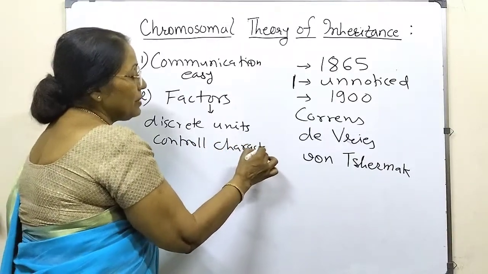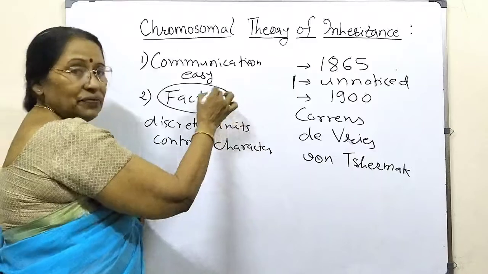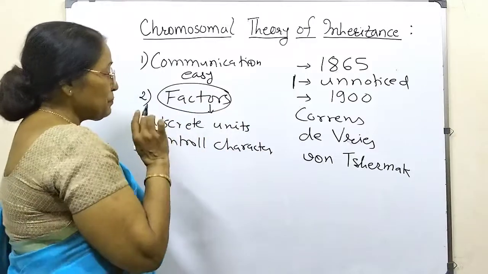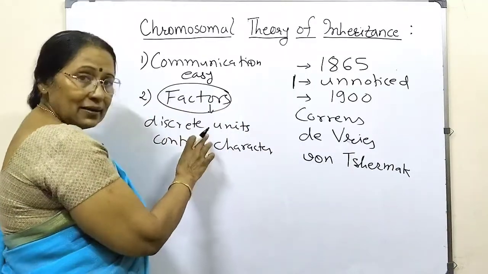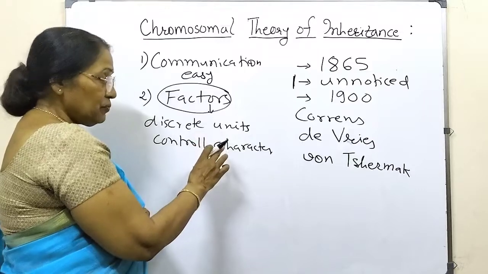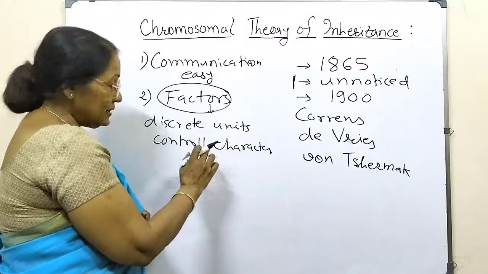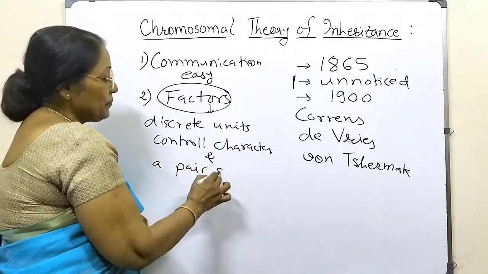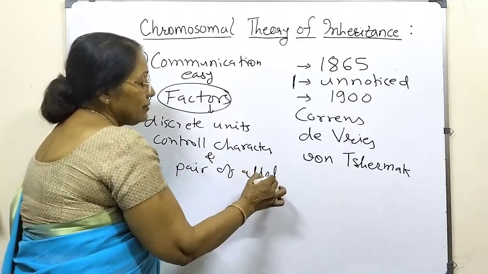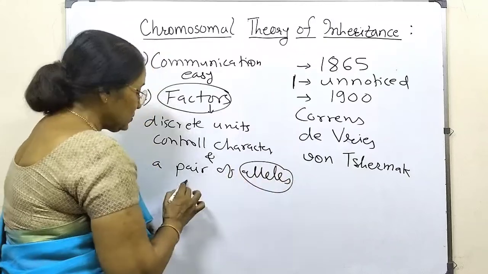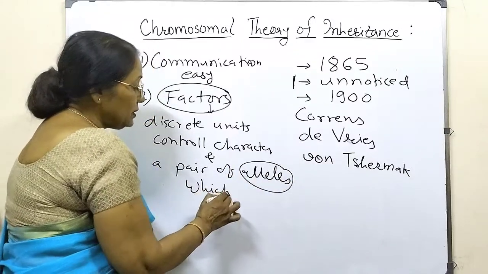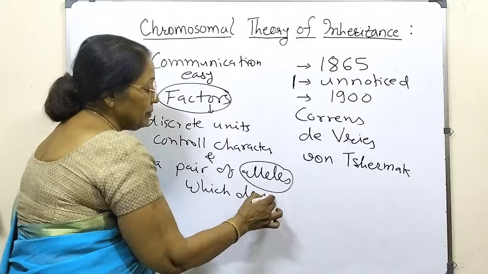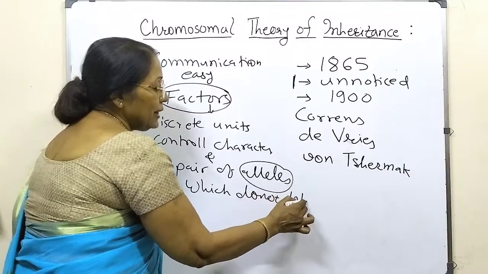At the same time, Mendel said that each factor has two alleles. So, factors are the discrete units which control the characters, and a pair of alleles which do not blend. Remember all, do not blend.